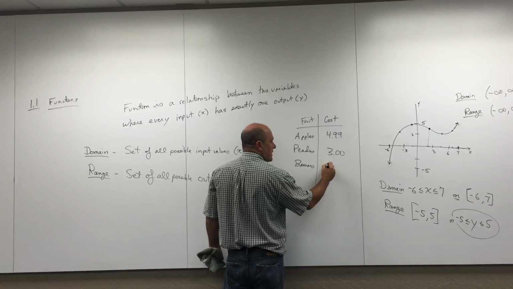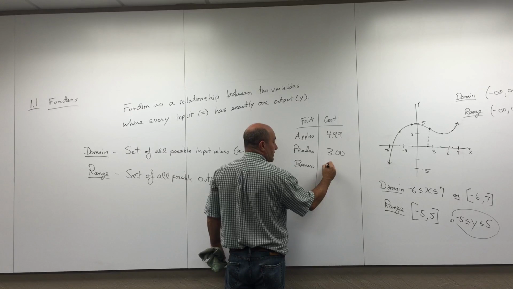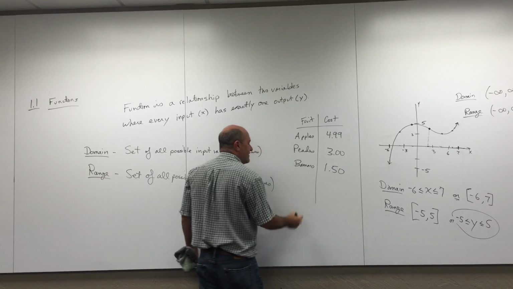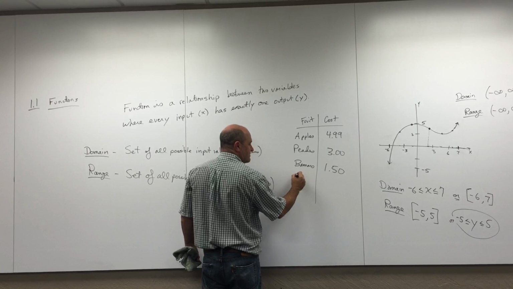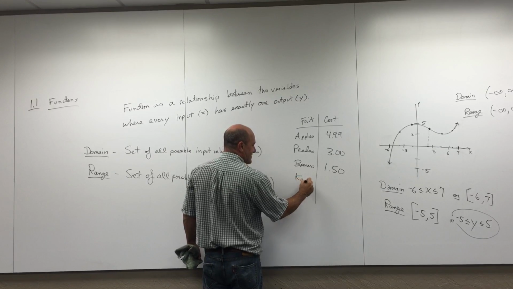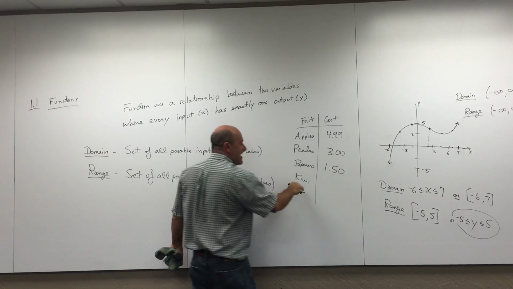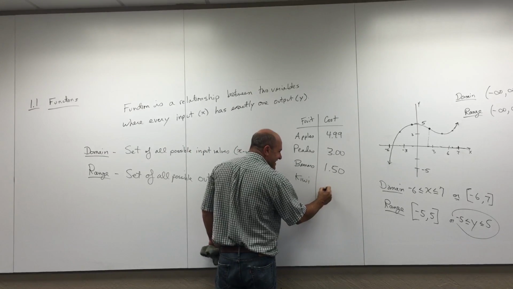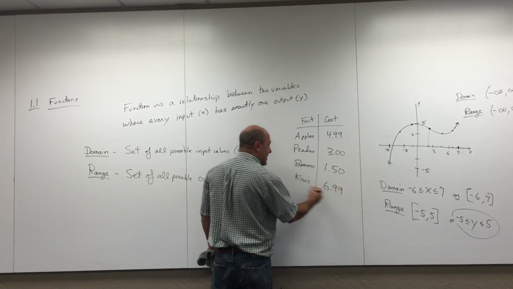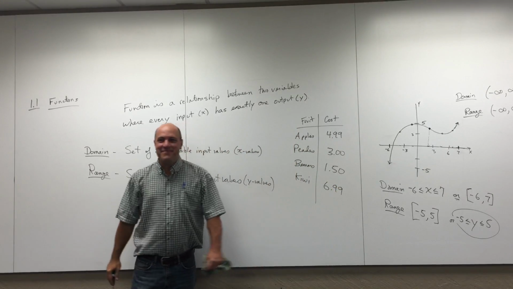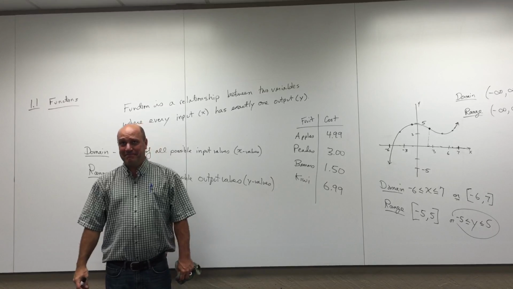Bananas cost, they're cheap, right? $1.50. Kiwi. Yeah, thank you. I was trying to think of short fruit, short letter, whatever. Kiwi, $6.99. They're quite exotic.